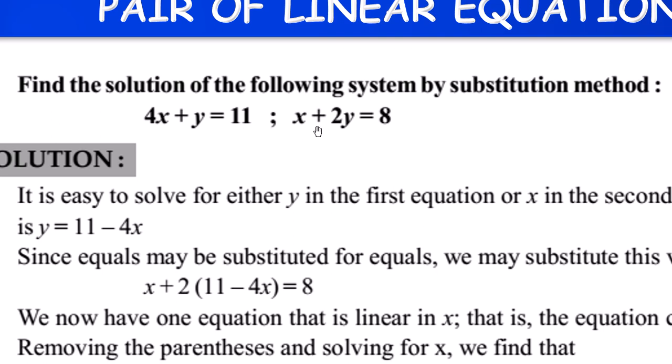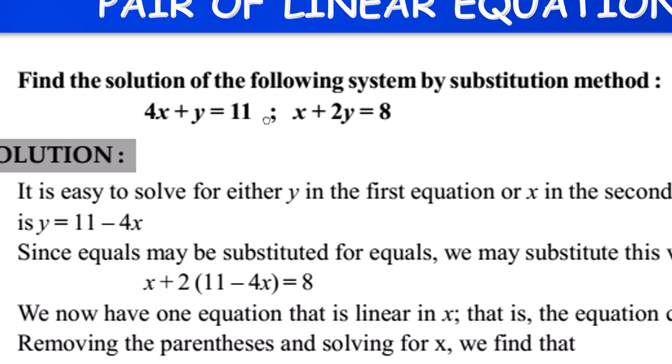We have two equations. From the first equation, let's isolate y. This 4x will go that side, minus 4x. So y equals 11 minus 4x. Then we will substitute this value in the second equation in the place of y. x plus 2 into, in the place of y, we will keep 11 minus 4x, equal to 8.